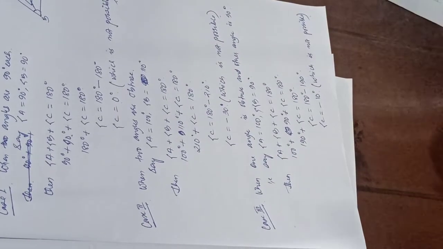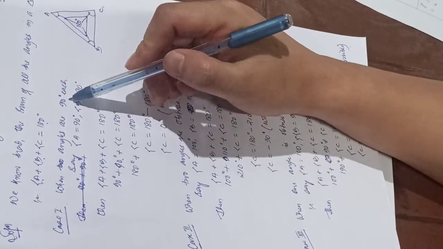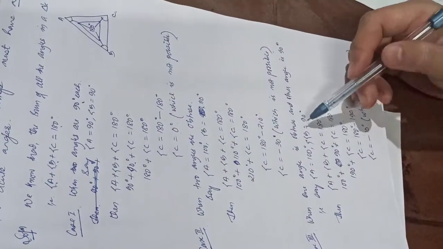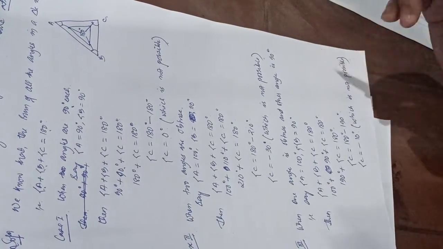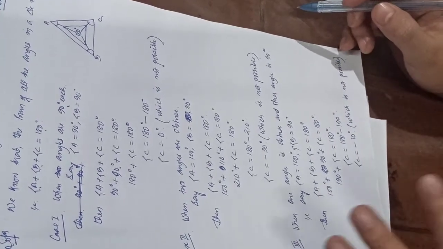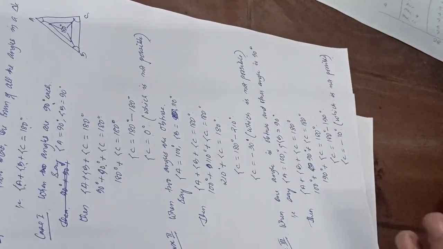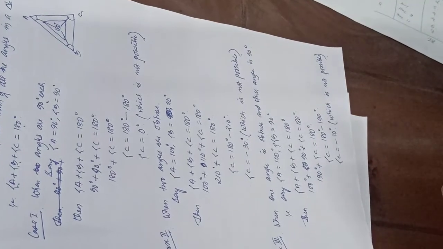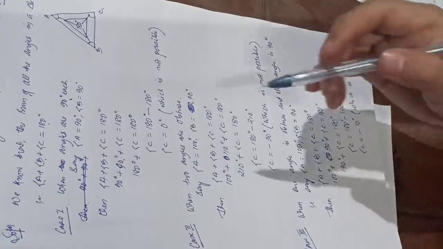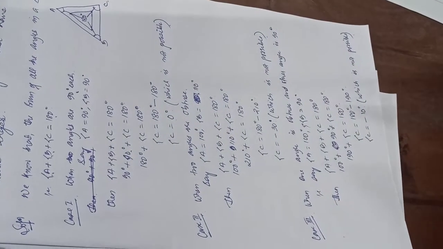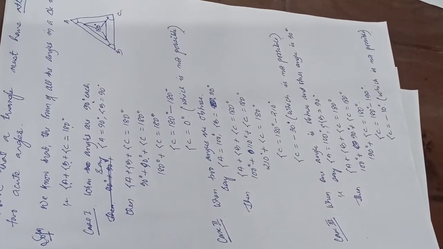So far for comparison, we took when two angles are right angles, when two angles are obtuse, and when one angle is obtuse and the other angle is a right angle. In all these three cases, what we notice is that a triangle is not formed when two angles are right angles, when two angles are obtuse, and when one angle is obtuse and the other angle is 90 degrees, correct?